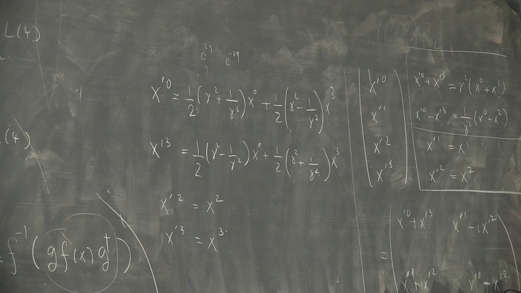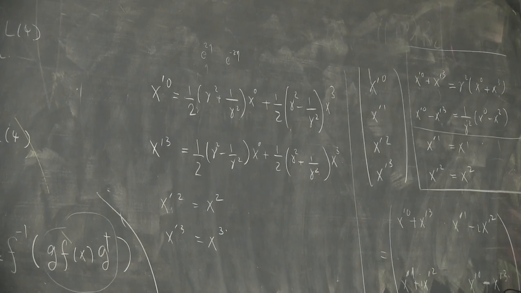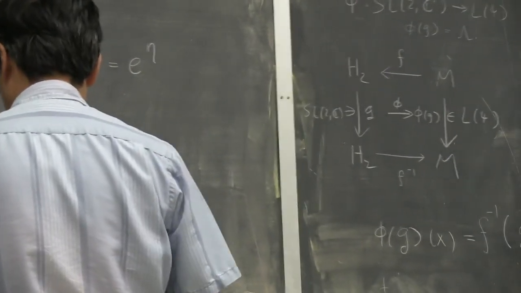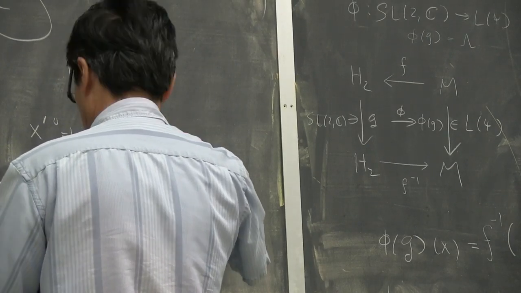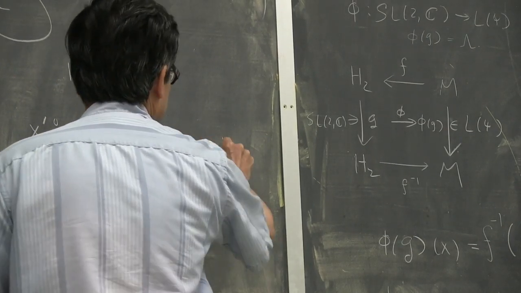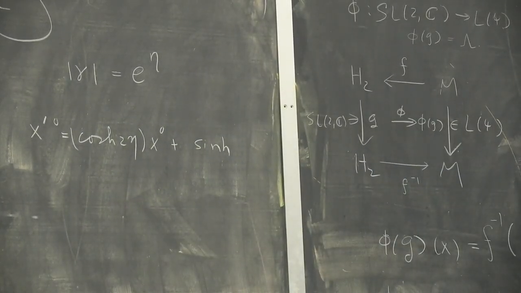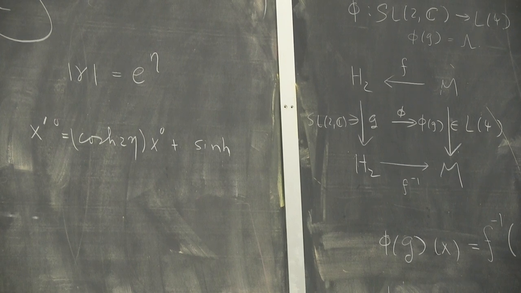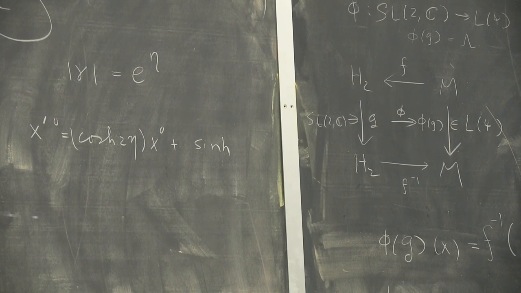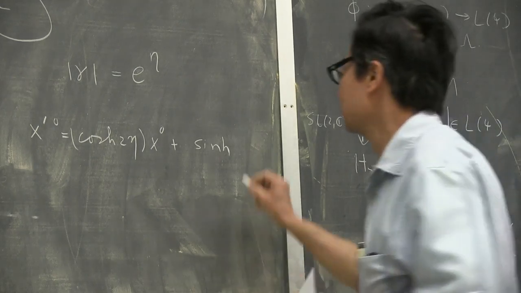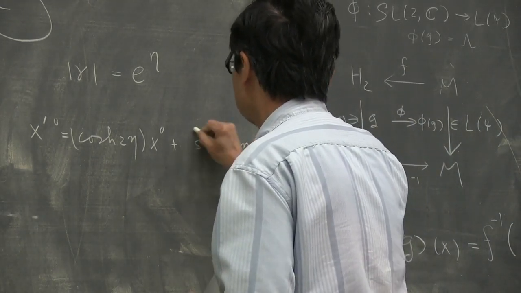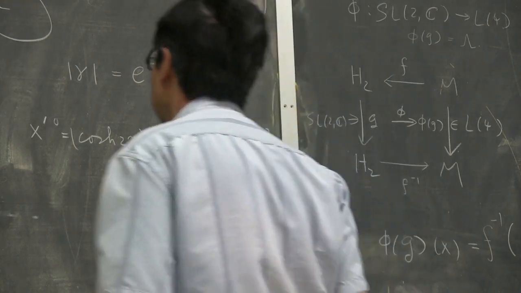Okay? So making this identification in here, now x prime 0 is equal to cosh 2 eta x 0 plus, the other one is what? The other one must be a sinh. E to the 2 eta minus e to the minus 2 eta divided by 2 is a sinh of 2 eta, times x3.